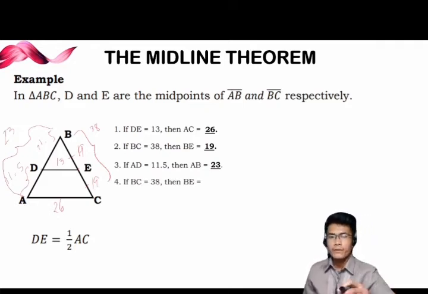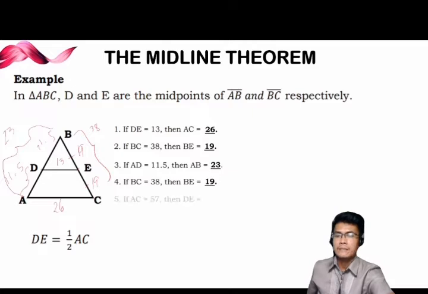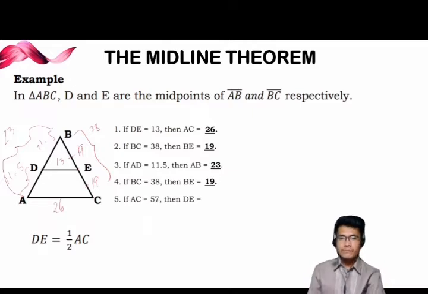Let's add number 4. Number 4 is the same as number 2, so that's 19. Number 5: AC, so let's use a different color. AC is 57, and find the measure of DE. What will be the measure of DE? According to the midline theorem, the midline or mid-segment is half the measure of the third side, to which the midline is parallel.